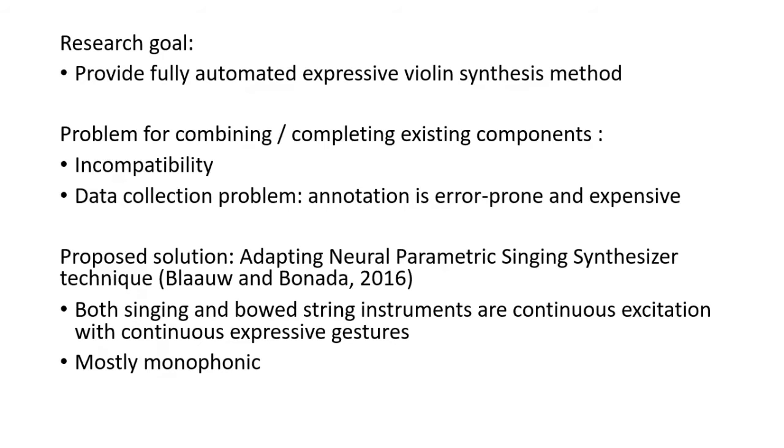And if we want to complete one of the components by adding the missing component, we have a data collection problem, mainly errors from annotations, and it is not cheap to annotate data manually. So our proposed solution is to adapt a neural parametric singing synthesizer, which has already done fully automated sheet to sound.